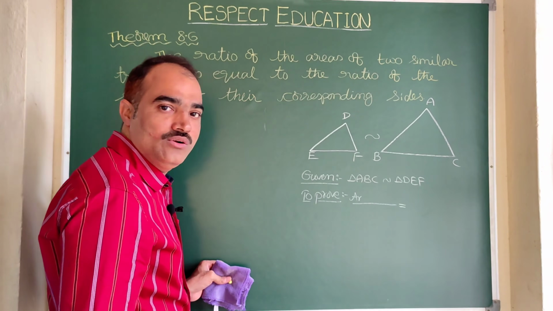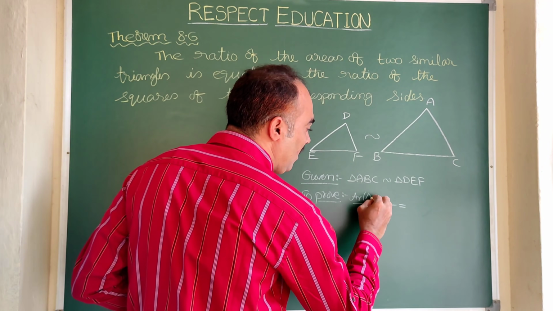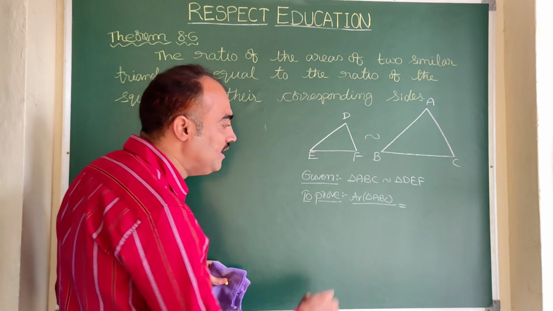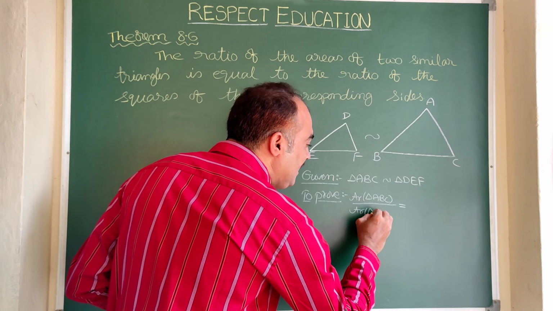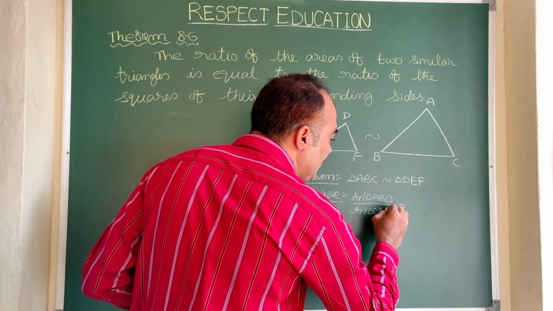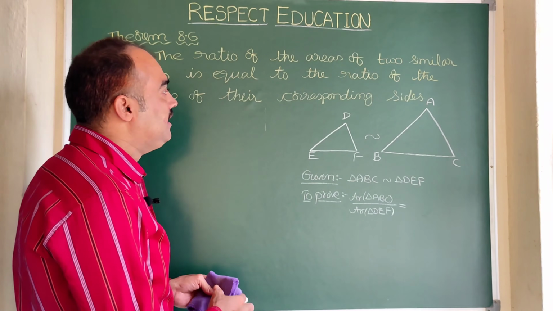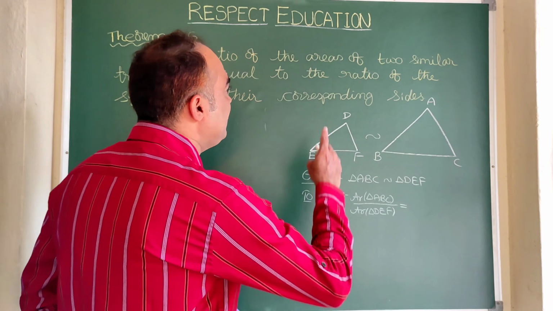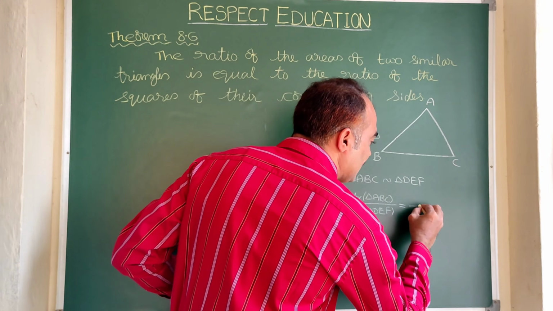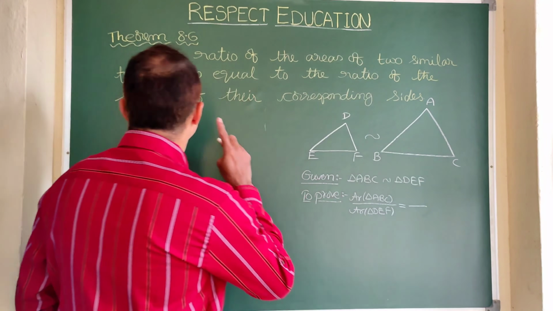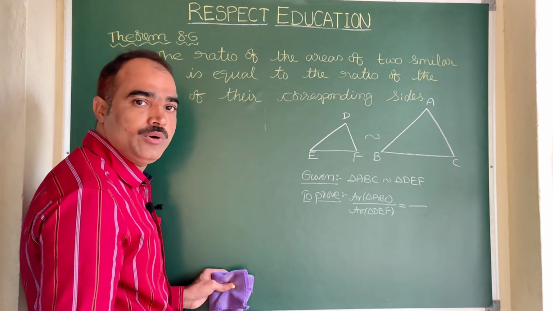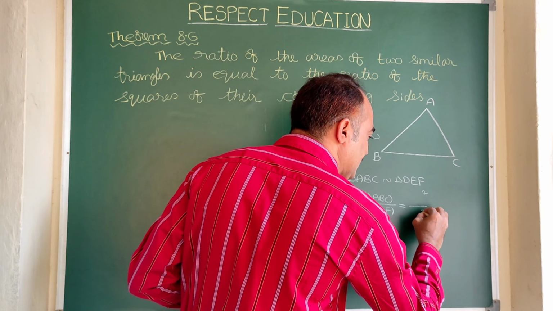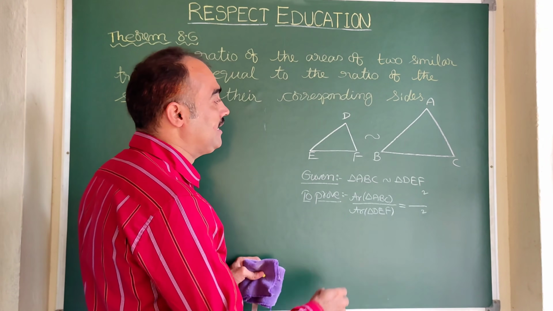Here AR denotes area, so area of triangle ABC by area of triangle DEF is equal to the ratio of the squares of their corresponding sides.